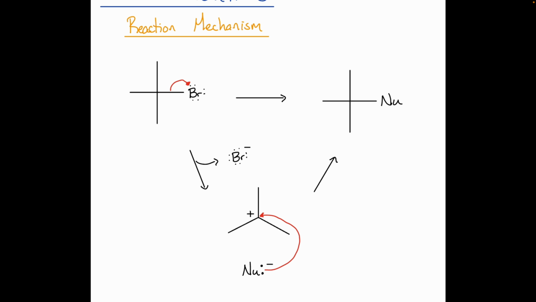So this did not occur in this one step where we broke and formed all our bonds like we did in the SN2 reaction. Instead, first we have that leaving group leave. And then in a second step, we have that nucleophilic attack.